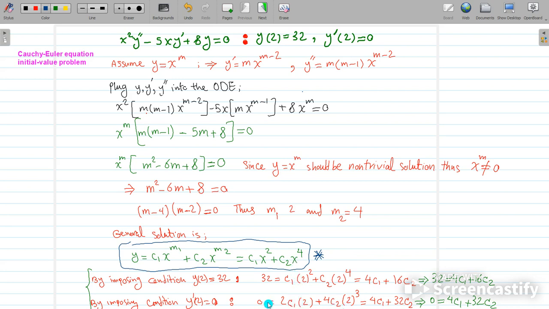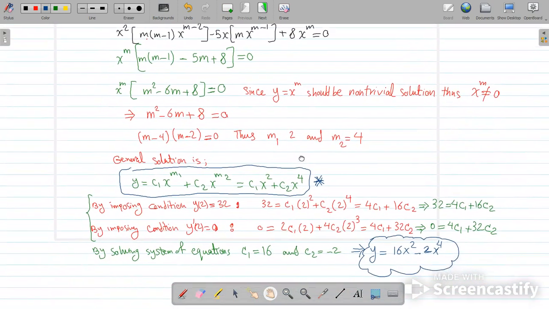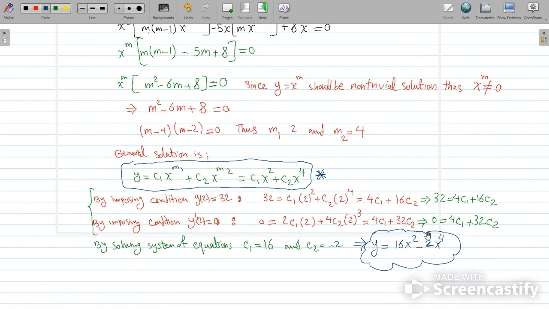Because we know that y prime at 2 equals 0, we have 0 equal to 2c1 times 2 plus 4c2 times 2 cubed, and finally we will get 0 should be equal to 4c1 plus 32c2.